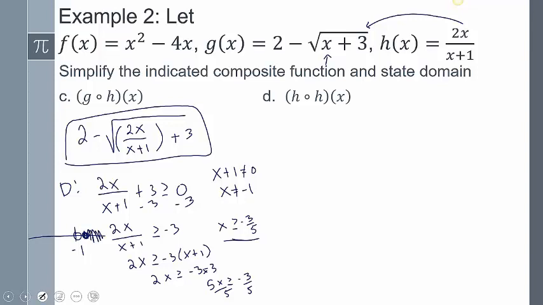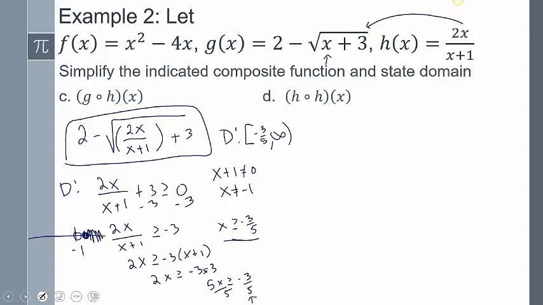And so all of that is going to move there. Now you're probably thinking, wait, didn't I divide by negative? No, I didn't divide by negative. I divided by a positive number. It just so happens that the number is negative. That's okay. And so my domain is going to be from negative 3/5 all the way to infinity. As long as I plug in those values, it will work.